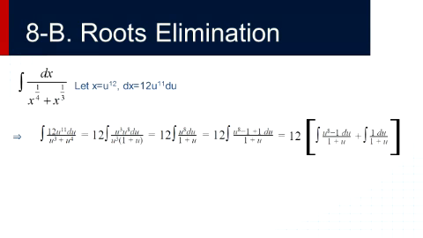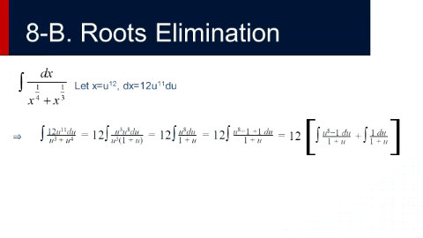Let's look at this example. The integral of 1 over x raised to the power of 1/4 plus x raised to the power of 1/3. In order to solve this integral, we need to find a common multiple between these two fractions. In this case, the common multiple would be 12.